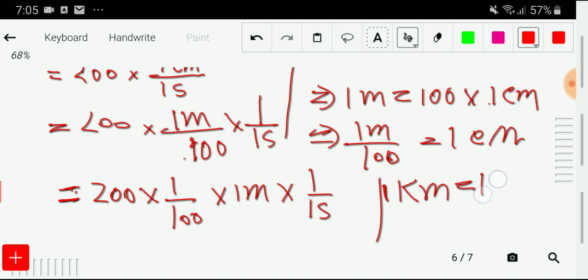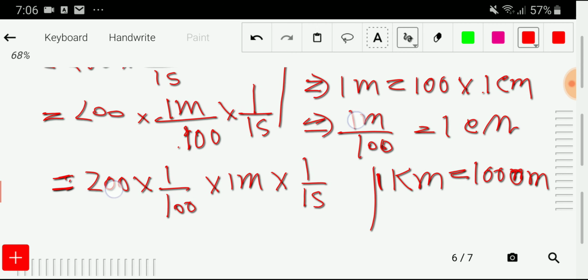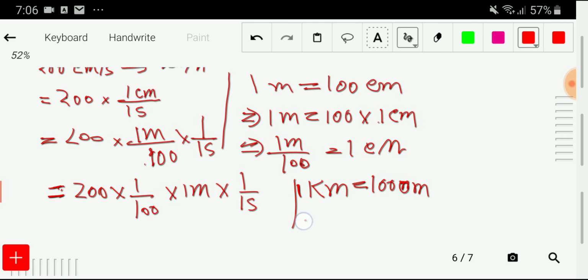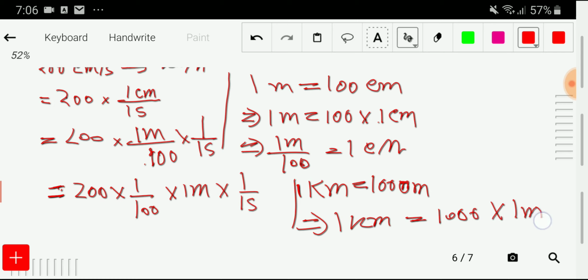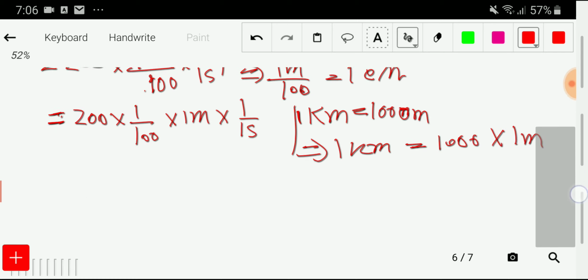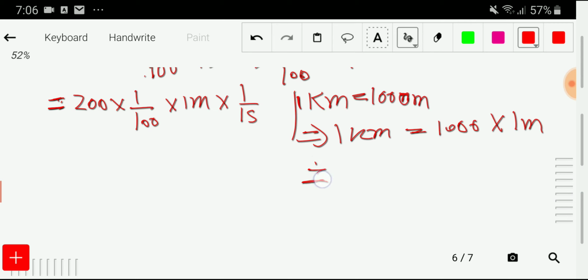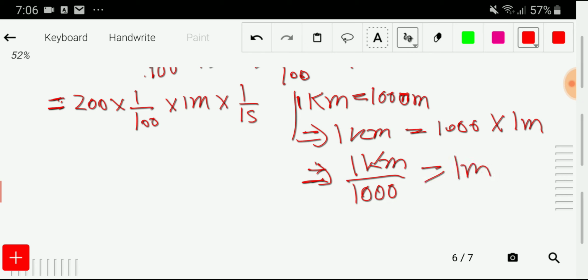We know that 1 kilometer equals 1000 meter. So now I can rewrite 1 kilometer equals 1000 times 1 meter. Now I'll get the value of 1 meter: 1 kilometer divided by 1000 equals 1 meter.